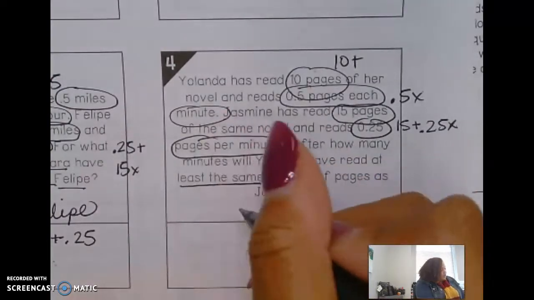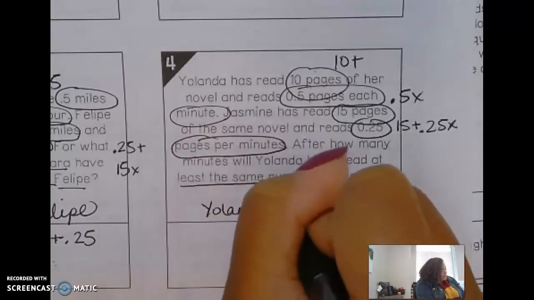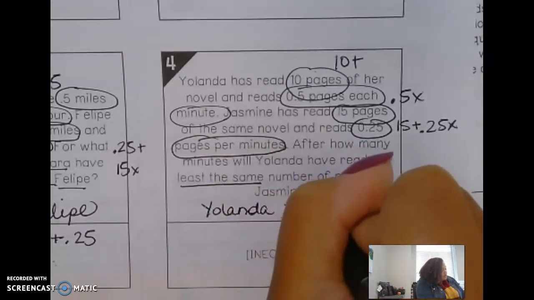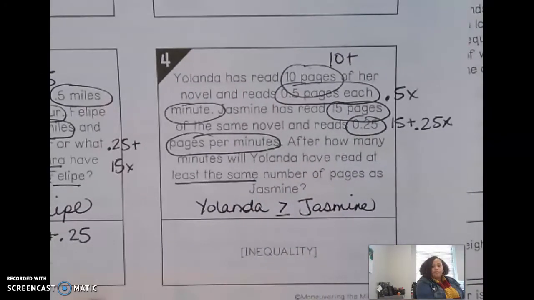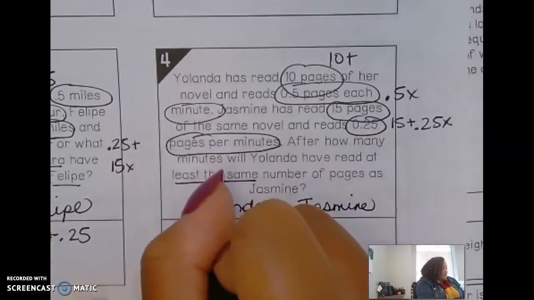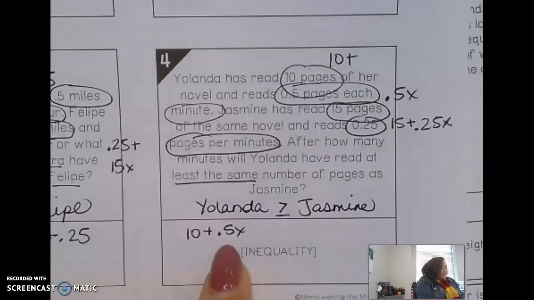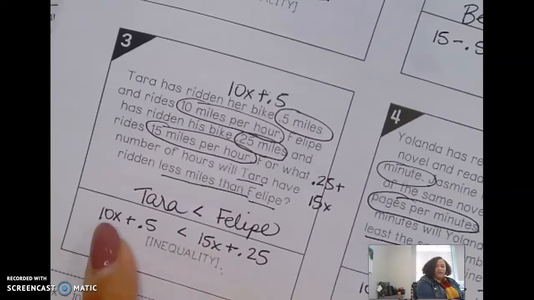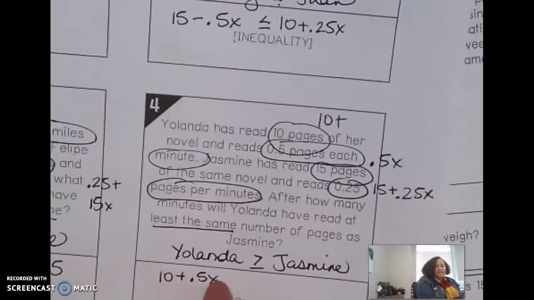So I want Yolanda to be greater than or equal to Jasmine. Yolanda has read 10 plus half of x. Be careful because this could be confused with this one over here. This has 10x plus half. This is 10 plus half of x.